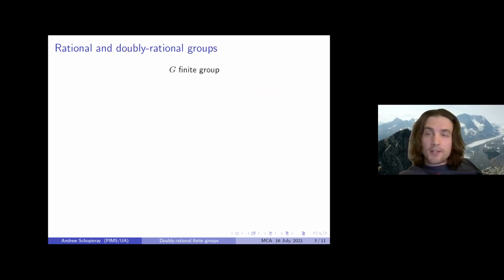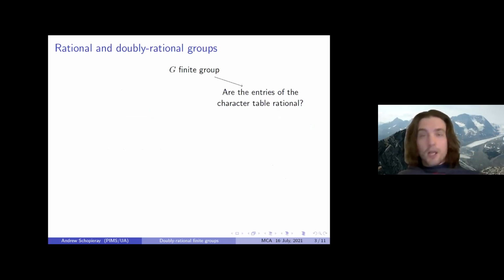So again, starting with our finite group, now rather than describing these numerical invariants, let's change everything into questions. So a very classical question about finite groups is, are the entries of the character table rational? Or since they're algebraic integers, are the entries of the character table integers?